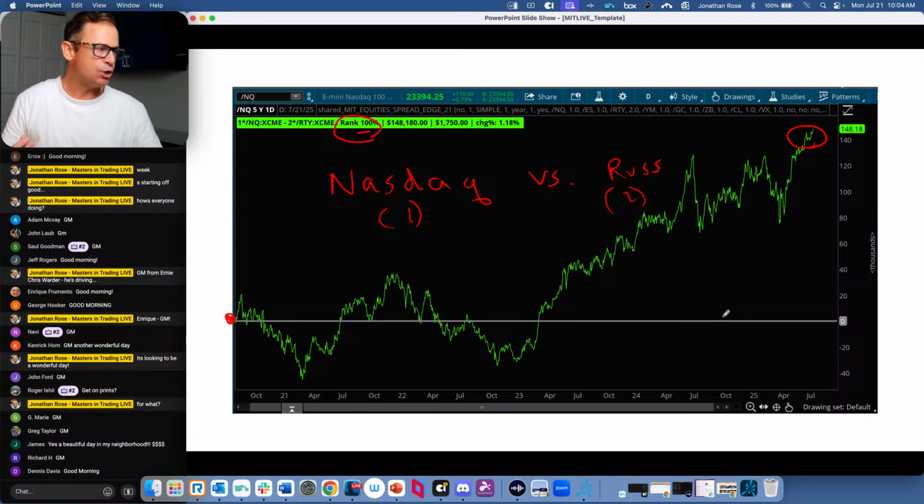Now, small caps have been dragging. The street thinks that we need rates to drop for small caps to run. Well, the market will anticipate rates dropping and small caps running, but the market is certainly not anticipating that right now. Because right now, guys, the Nasdaq is really strong.